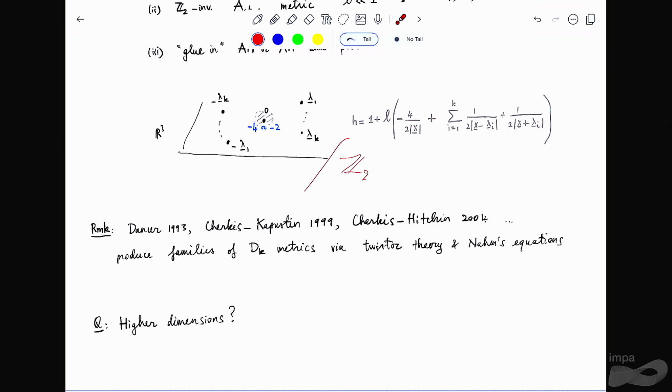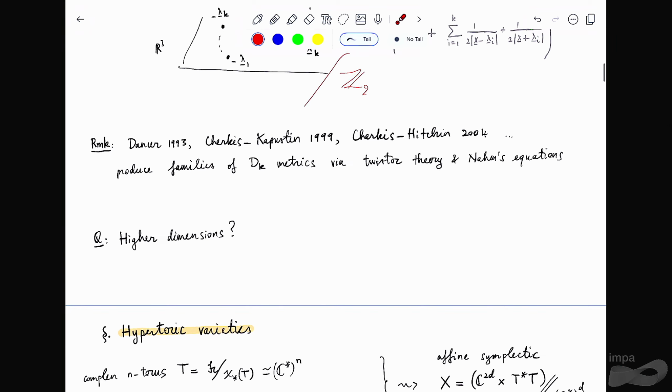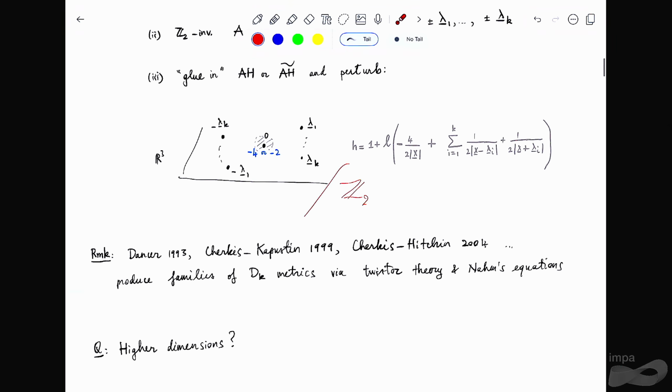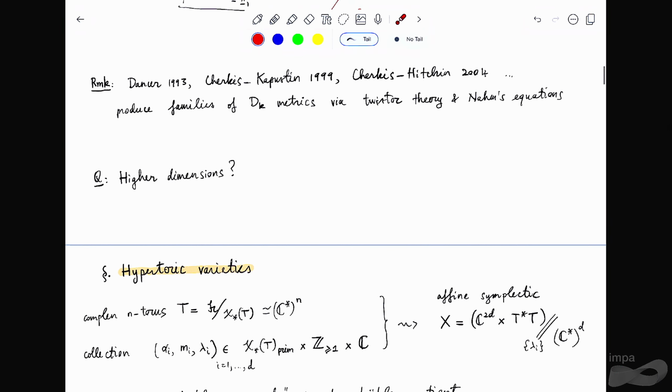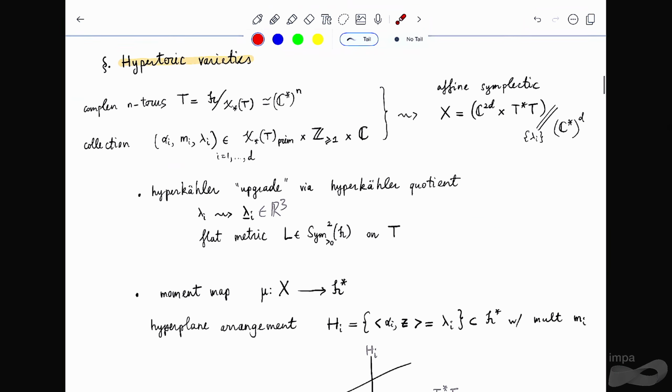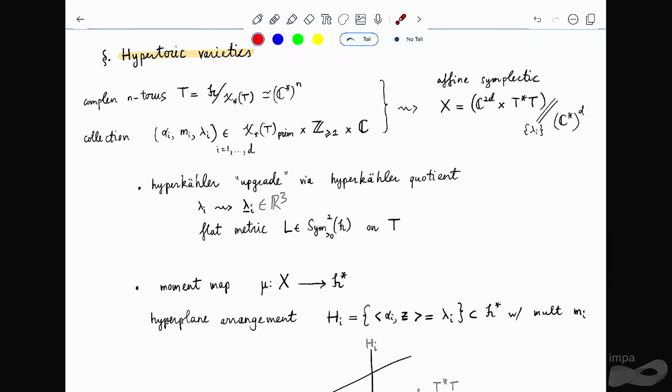Okay, so higher dimensions. I guess the starting point for our thinking with Roger was that the Gibbons-Hawking construction has a very neat higher dimensional generalization, which is slightly more complicated, but essentially as explicit as the Gibbons-Hawking ansatz.